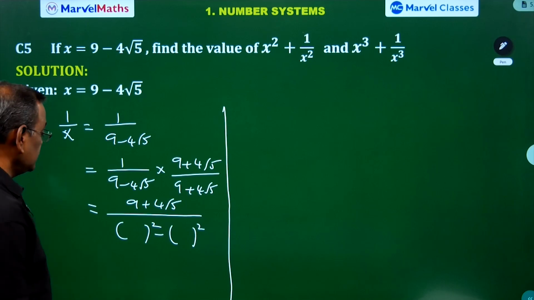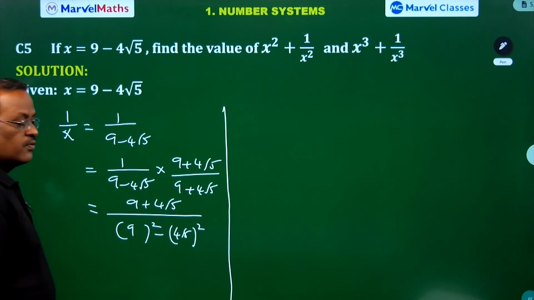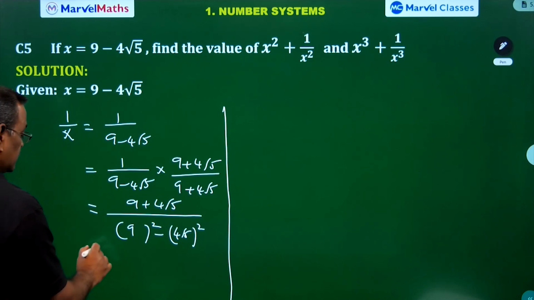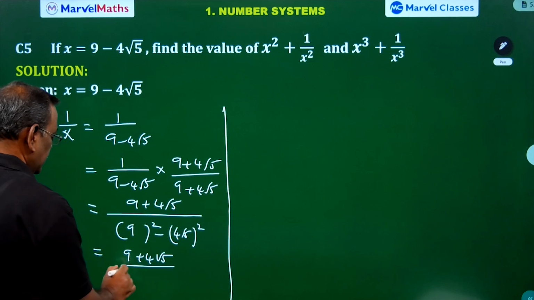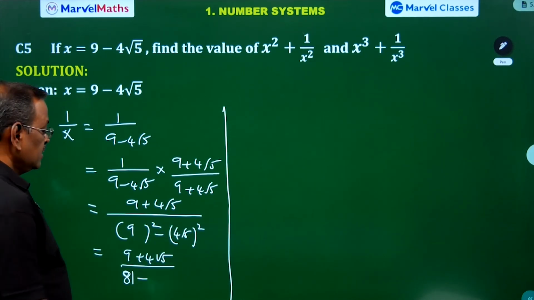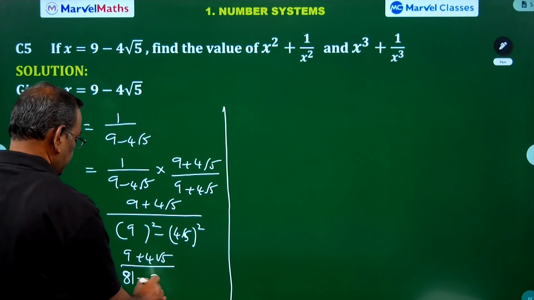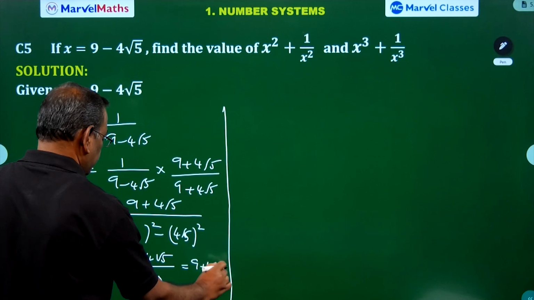Clear? So what is a? A is 9 and b is 4 root 5. So which is equal to 9 plus 4 root 5 by 9 square 81 minus 4 square 16, 16 into 5, 80, 81 minus 80 is 1. The final answer is 9 plus 4 root 5.